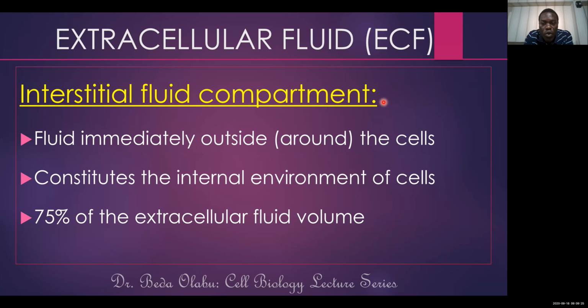So 1/3 of 54 is 18. If you weigh 90 kgs, the total amount of water outside your cells is 18 liters. Then we are saying interstitial is 3/4 of the extracellular fluid. So you take 3/4 of 18, you get 13.5.